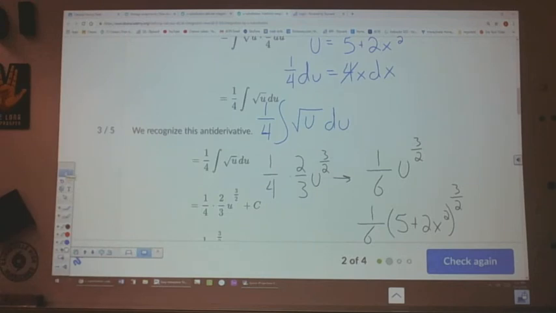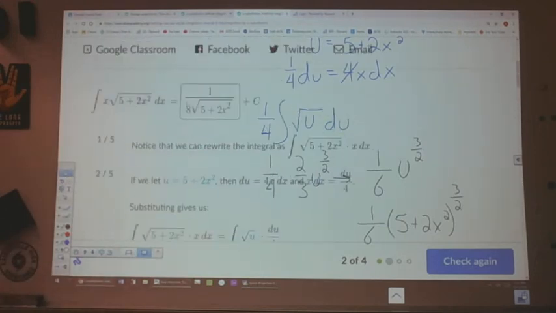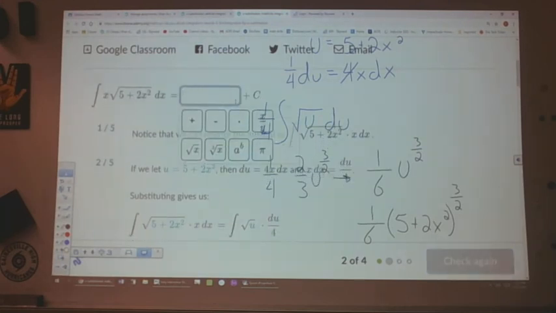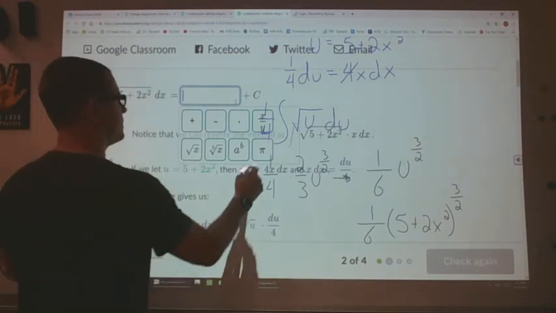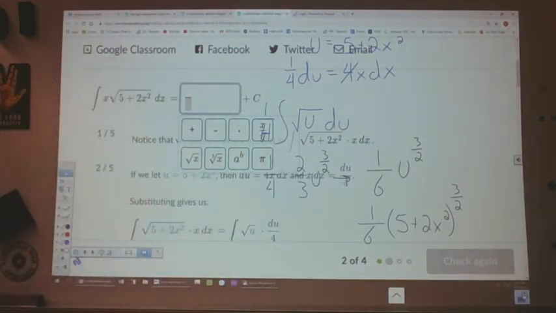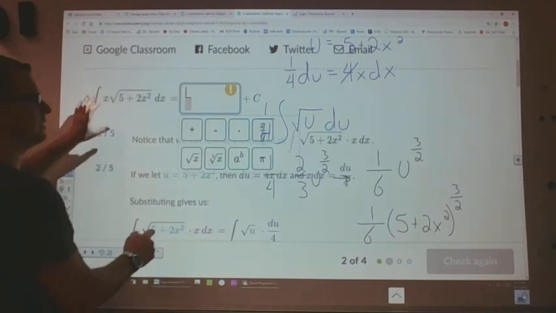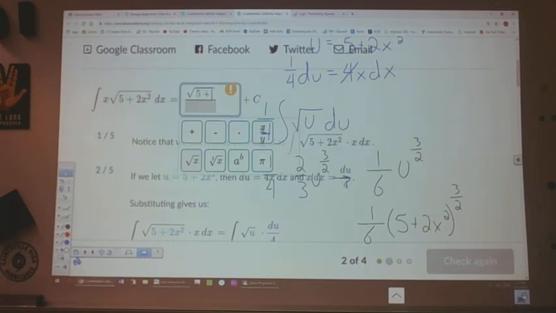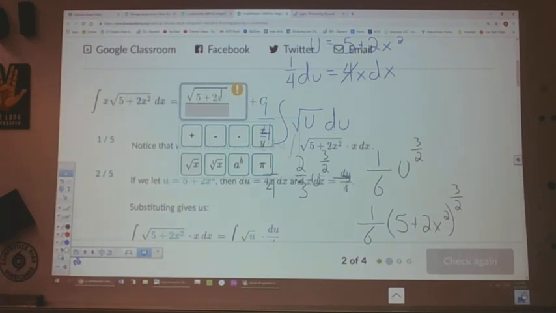Well, let's see if we can enter this in. So let's get rid of this incorrect answer. Try that. I'm going to do it, still need the fraction. On the top, I'm going to put this into radical form, because that's what we started with. So 5 plus 2x squared, and then I'm going to raise that to the 3rd power.